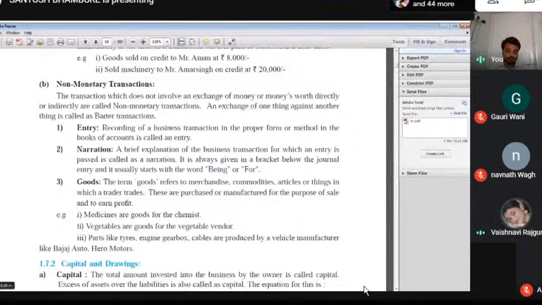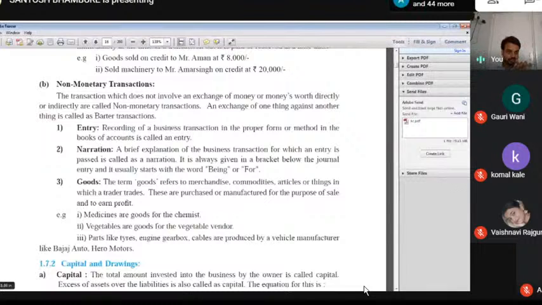Okay. So remember, when I enter that entry into the book, listen carefully. Mother is the creditor, son is the debtor. I entered son account debit to mother account.